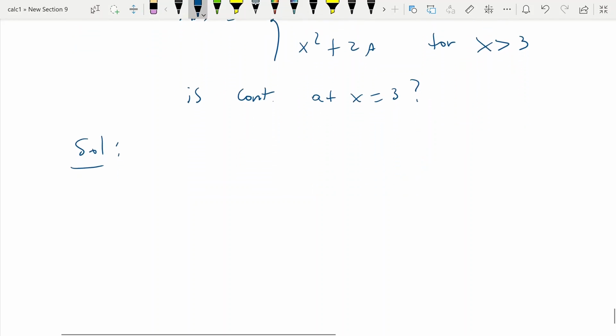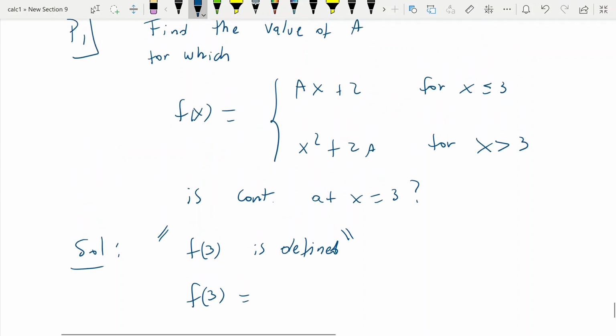The first thing is to check that f of 3 is defined. Remember that we need a few conditions in order to say that f is continuous at the point 3. Yes, f of 3, if you go back to the rule, when x is less than or equal to 3, and 3 is less than or equal to 3.